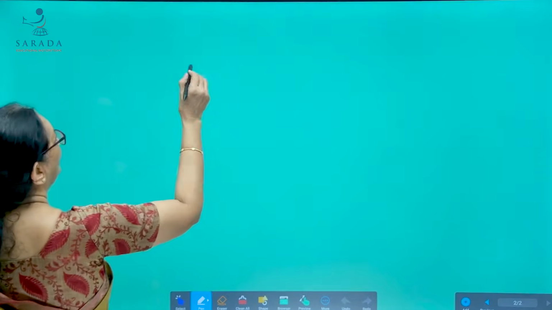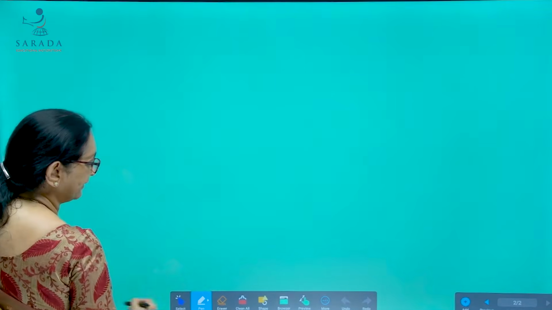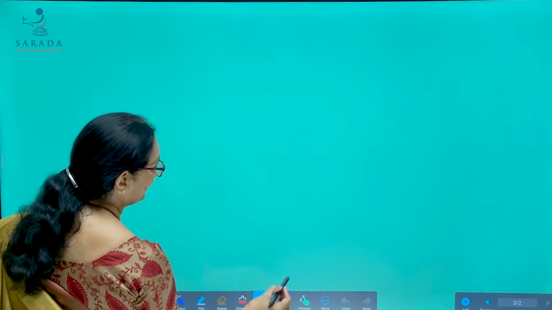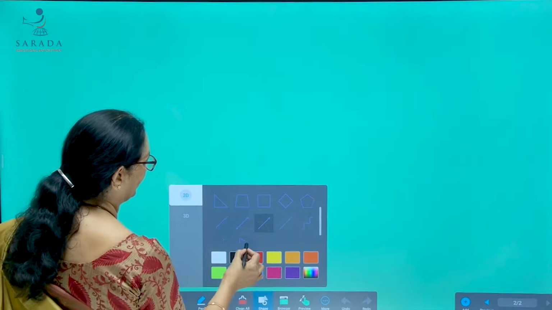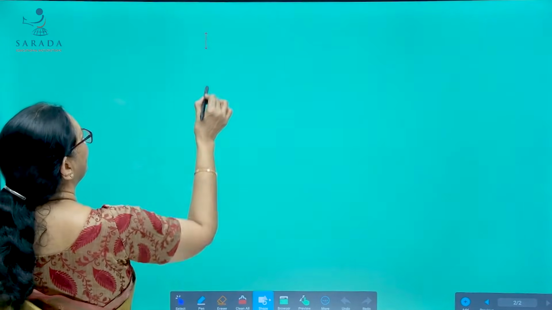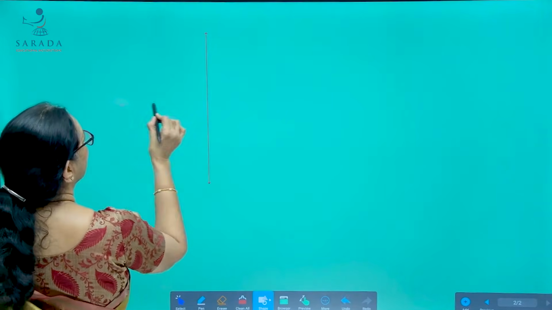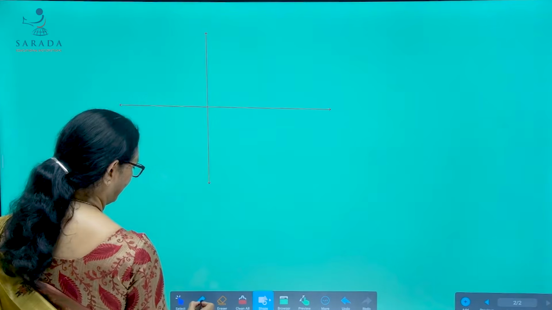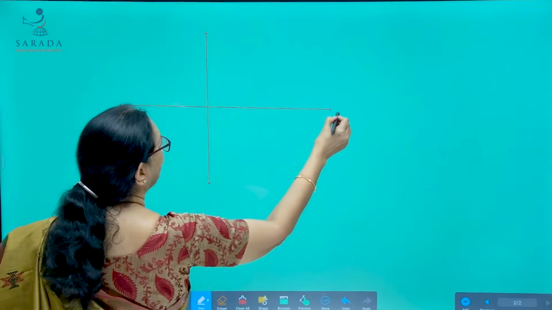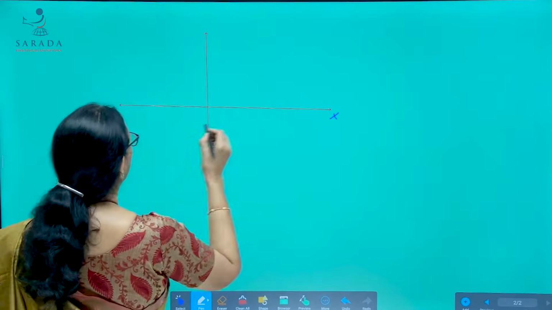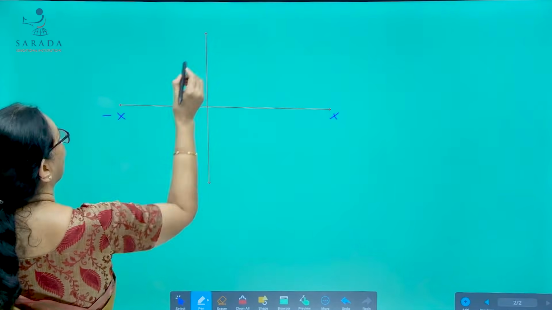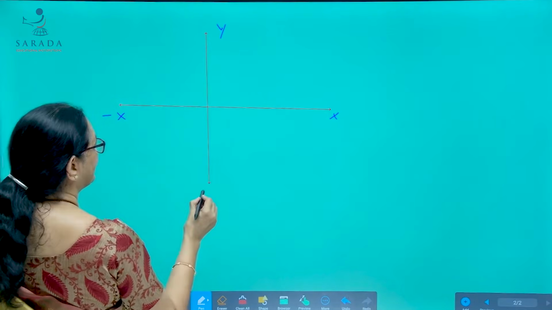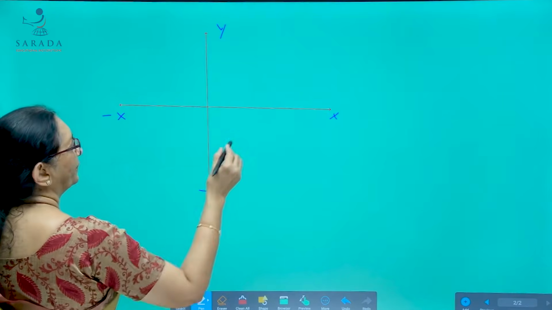Look here, a number of forces simultaneously acting on a point are represented as shown. See here, let this be x-axis, this is minus x-axis, this is y-axis, this is minus y.